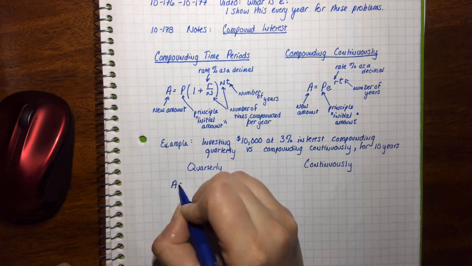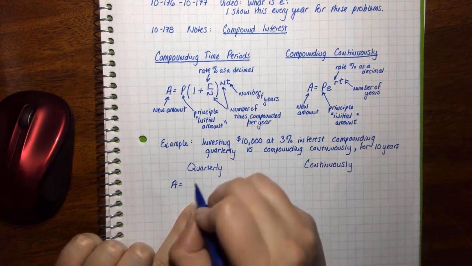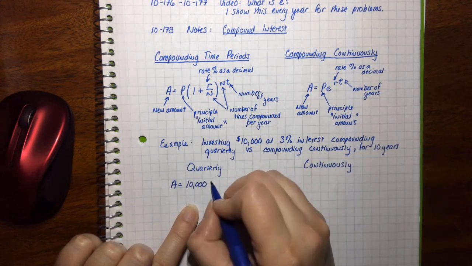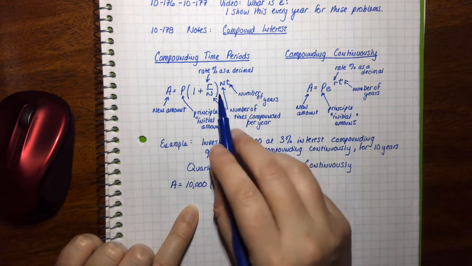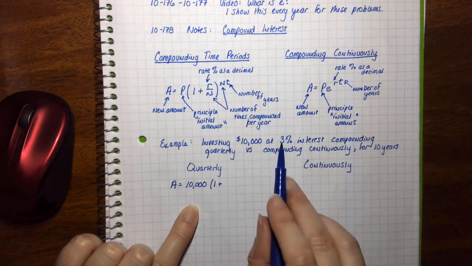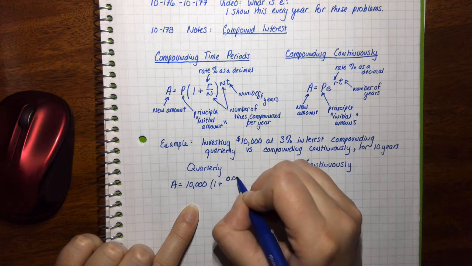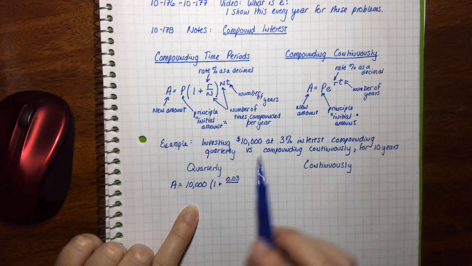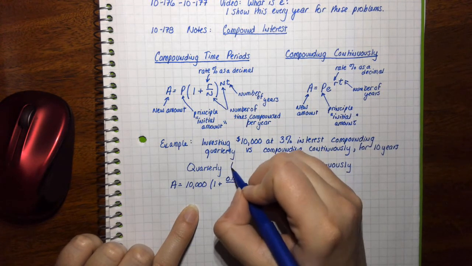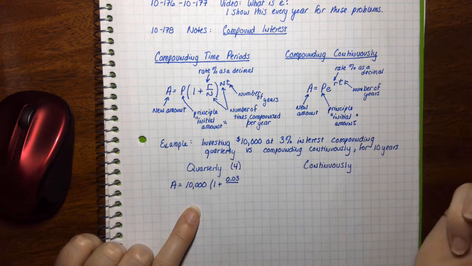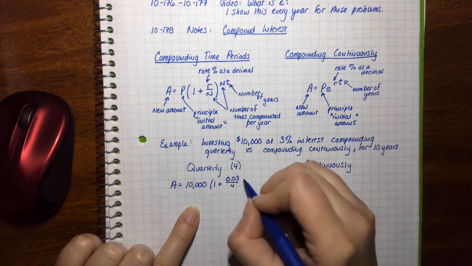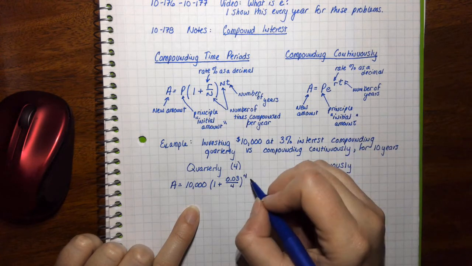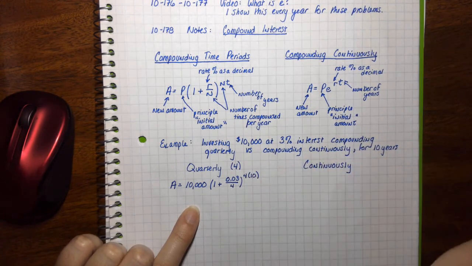So A equals, so new amount equals, principal is the initial amount, so she's investing $10,000, 1 plus, R is rate percent as a decimal, okay, so 0.03 over number of times compounded per year. Okay, quarterly, there's 4 quarters in a year, so that's 4 times per year. And then this 4 is also N there for 10 years.